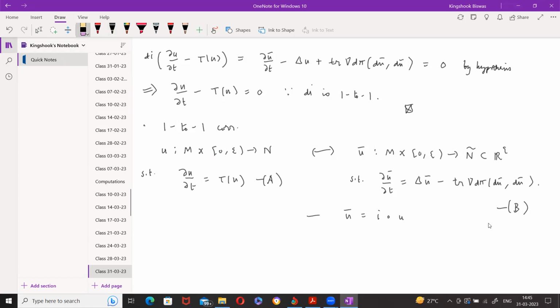So u bar of x, 0 belongs to i of n for all x in n. Okay.